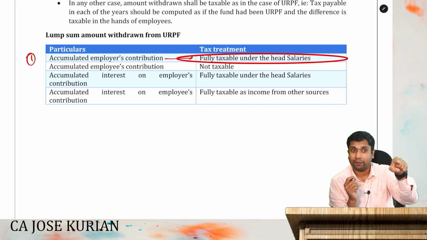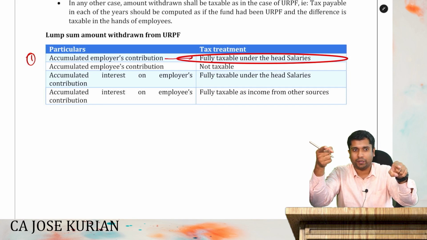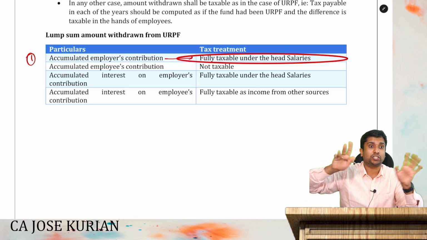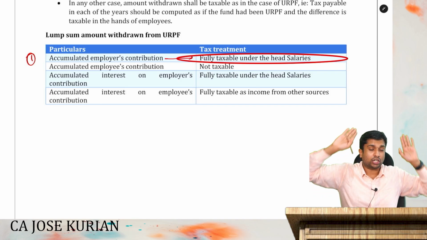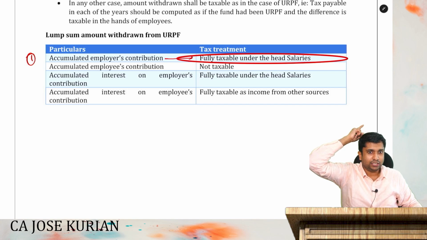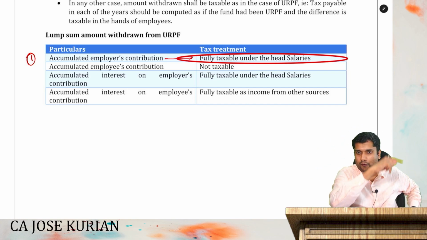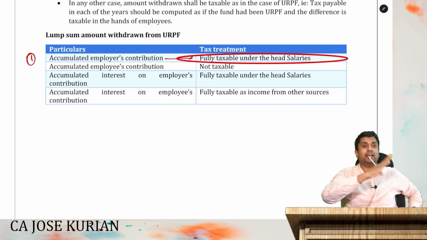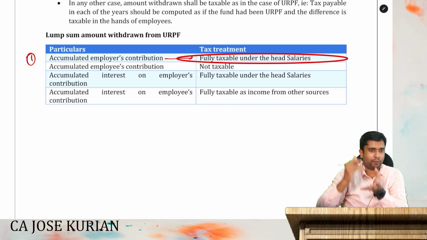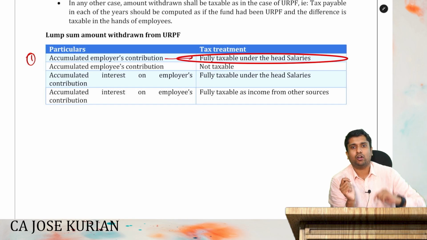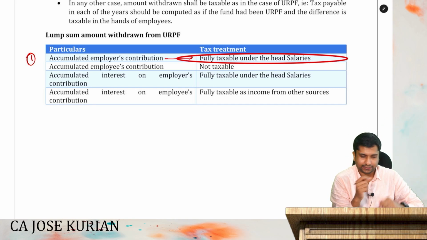Because at the time of deposit, we have deferred. Hope you remember, at the time of deposit to URPF, employer contribution was not at all taxable. The complete taxation has been deferred and that will happen at the time of withdrawal. Out of the lump sum amount you withdraw, the entire employer contribution will be taxable under the head salaries.